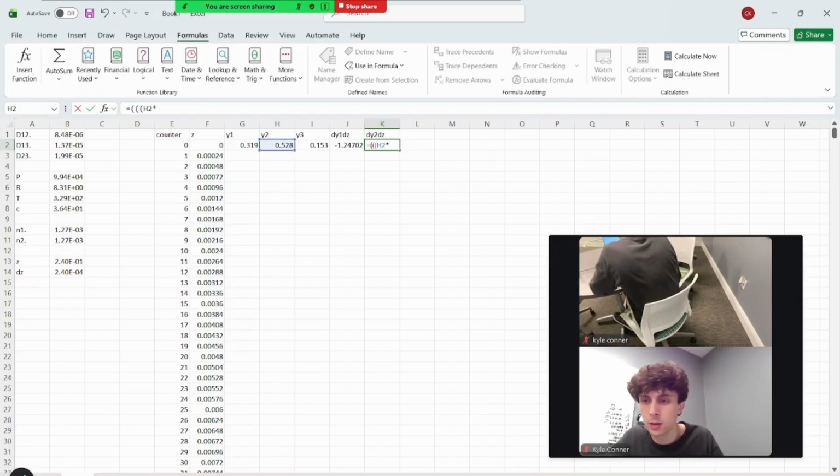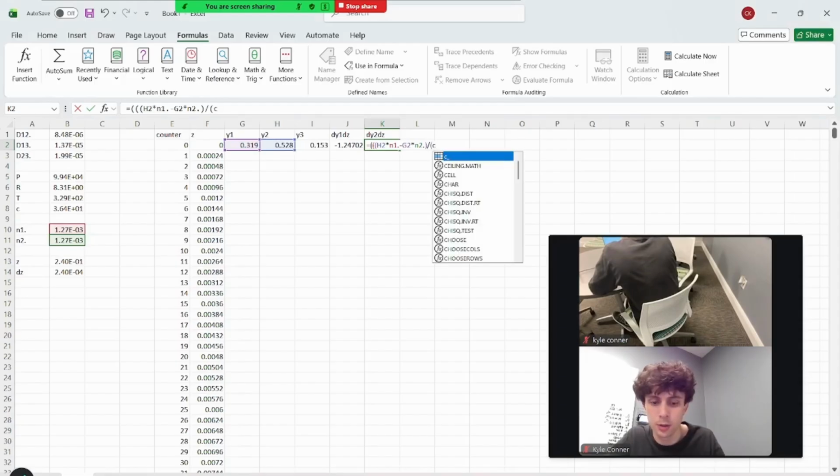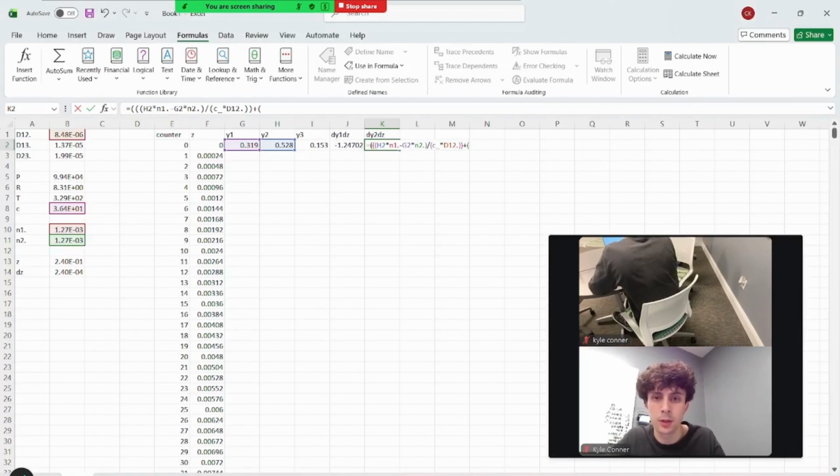So now for our dy2 dz, our second derivative essentially, we will have y2 times n1 minus y2 times n2, divided by our concentration times d12, then plus our concentration times y3, and then it's not a period, it's an underscore.